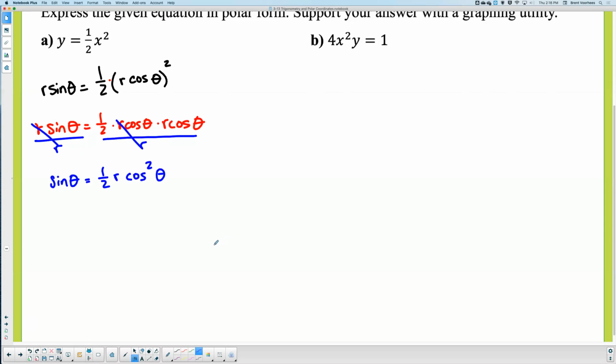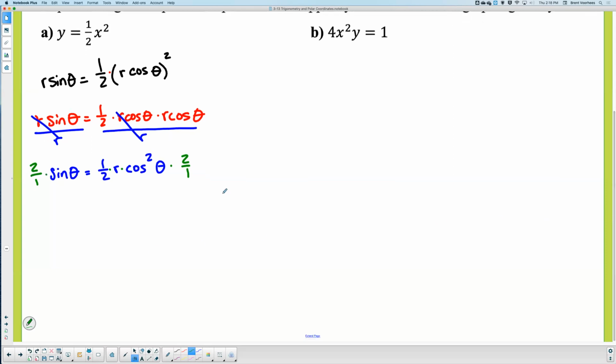Okay, the next thing I'm going to do, I'm trying to get this r by itself. How about we get rid of that fraction? The way to get rid of a fraction is to multiply by its reciprocal. The reciprocal of 1/2 is 2/1, or 2. So I'll multiply by 2/1 on both sides. So that will simplify there.